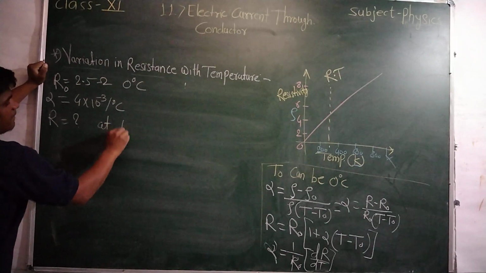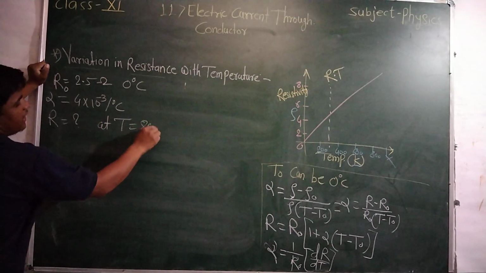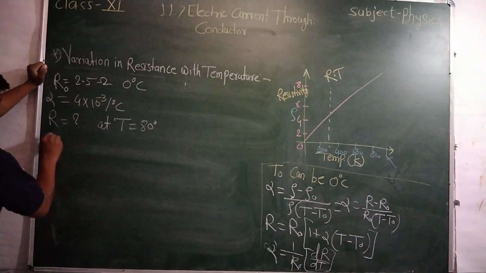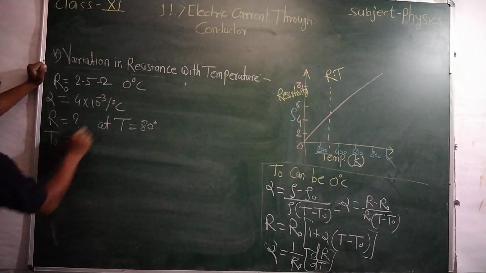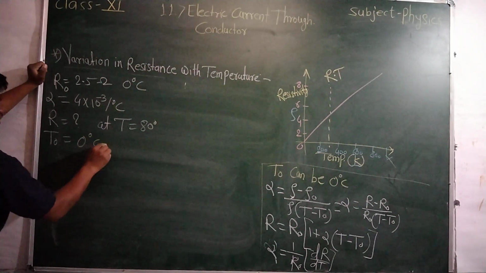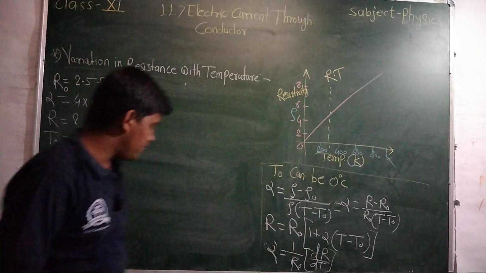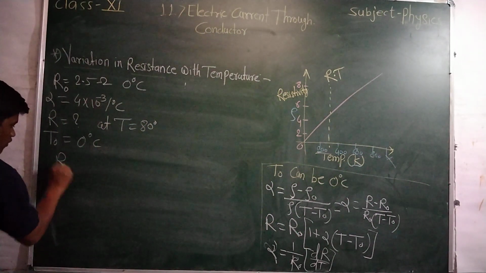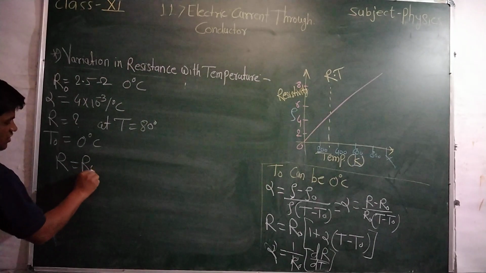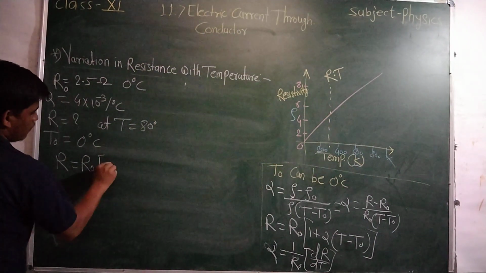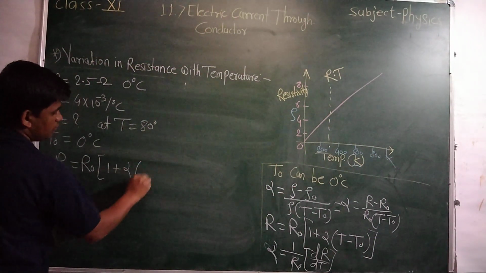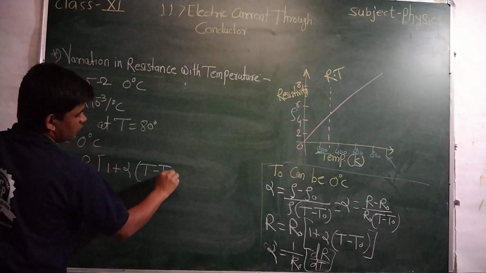at temperature T equal to 80 degrees centigrade. We know that T0 is 0 degrees centigrade, and I will use this formula: R is equal to R0 into 1 plus alpha into T minus T0.